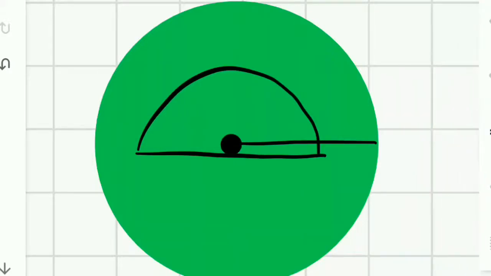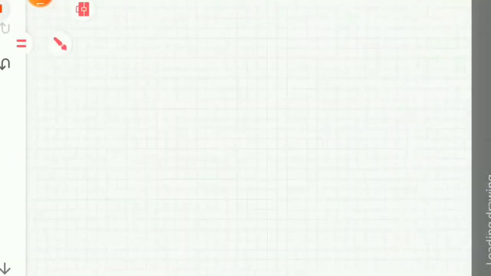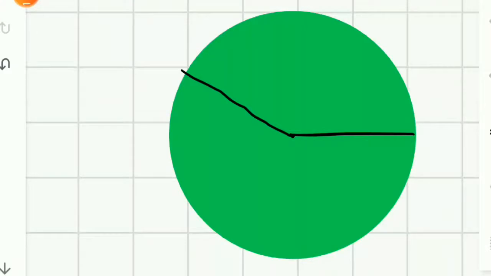So we put the center over here and align this 180 degree line with this radius that we have drawn. Now on this protractor, we have to mark 160 degrees starting from this radius. So from here to here it should be 160 degrees. It should look something like this.